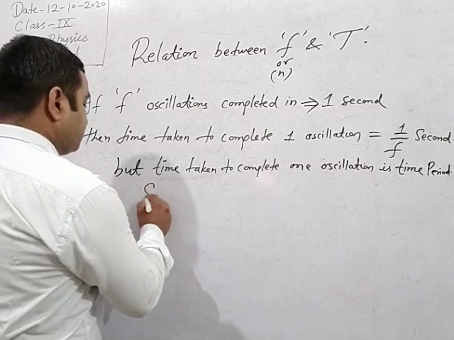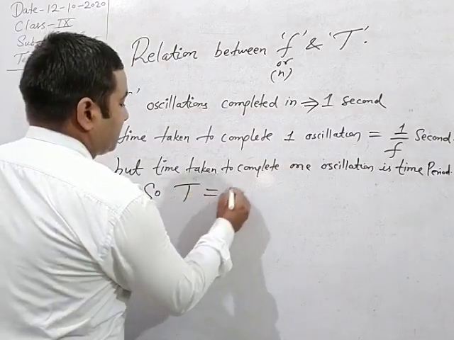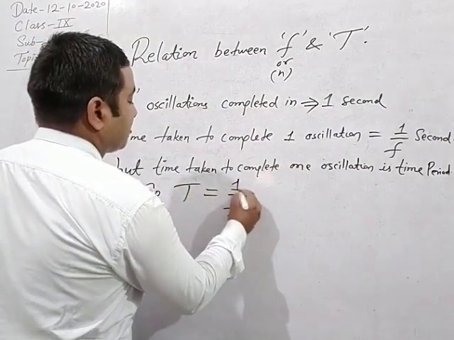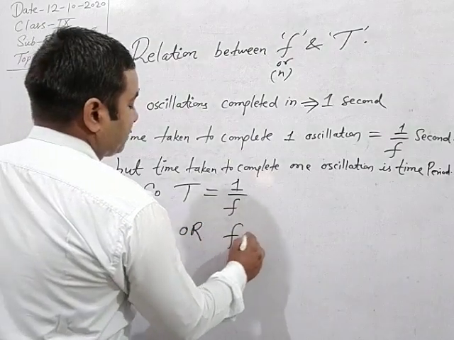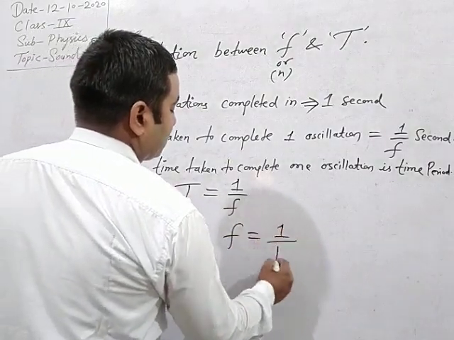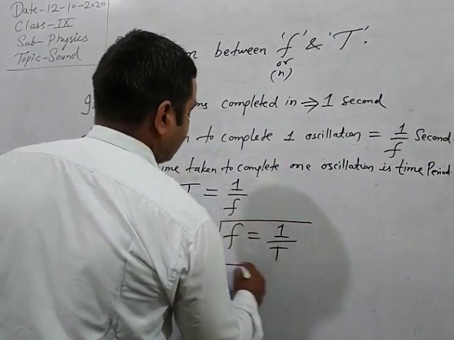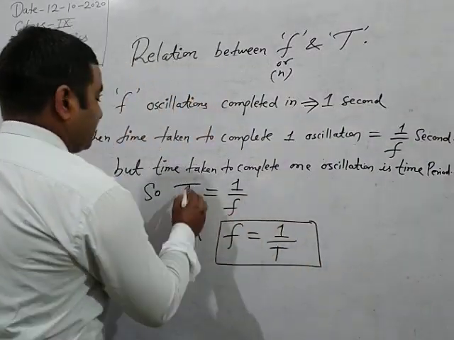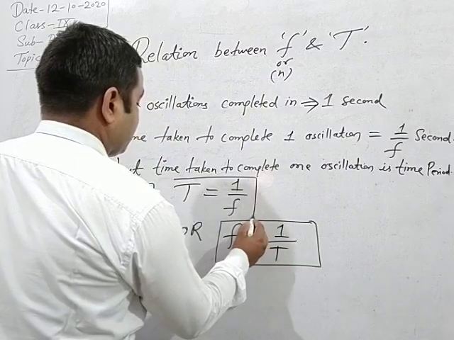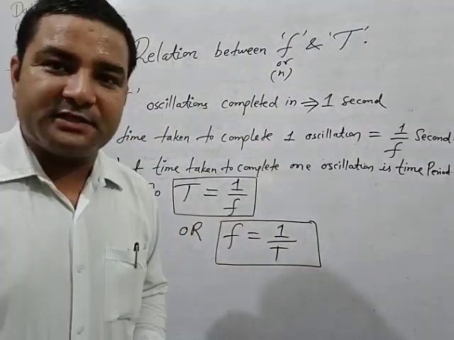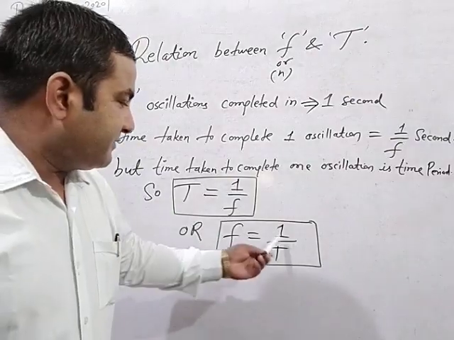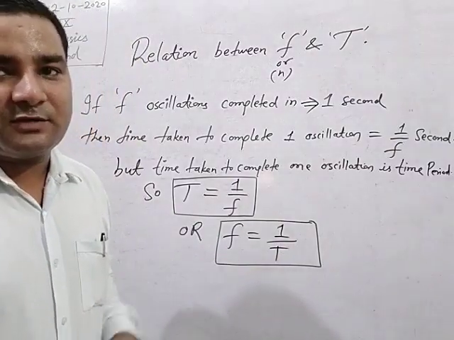So t is equal to what? 1 upon f. F is equal to 1 upon t. You can use either one for solving numericals. If frequency is given, then 1 upon frequency is the time period. If time period is given, then 1 upon time period is the frequency.